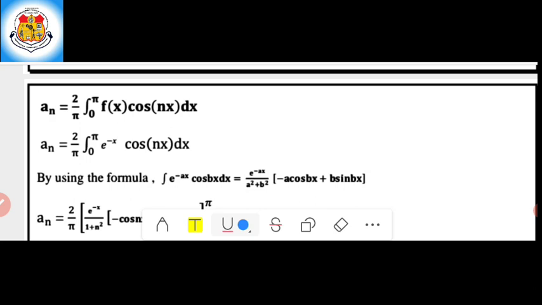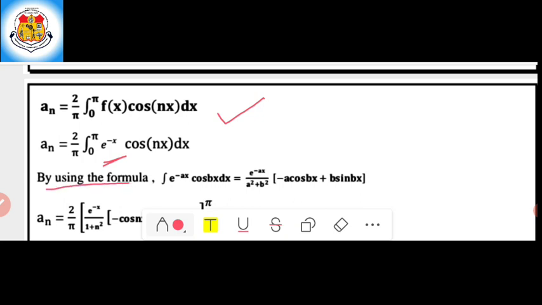To determine the value of an, the formula is an is equal to 2 by pi integral 0 to pi f of x cos nx dx. We substitute the value of the function f of x as e raised to minus x, which is given. So an is equal to 2 by pi integral 0 to pi e raised to minus x cos nx dx.